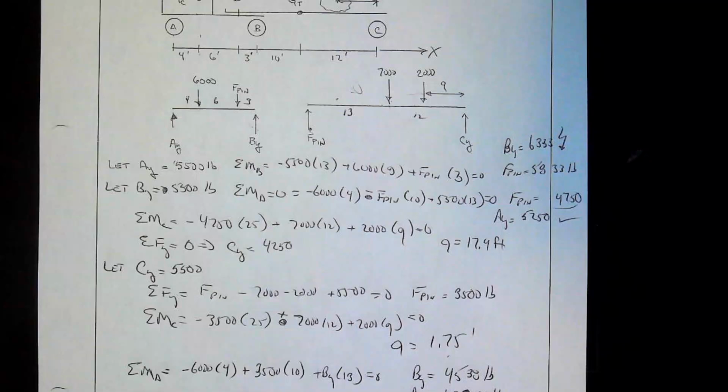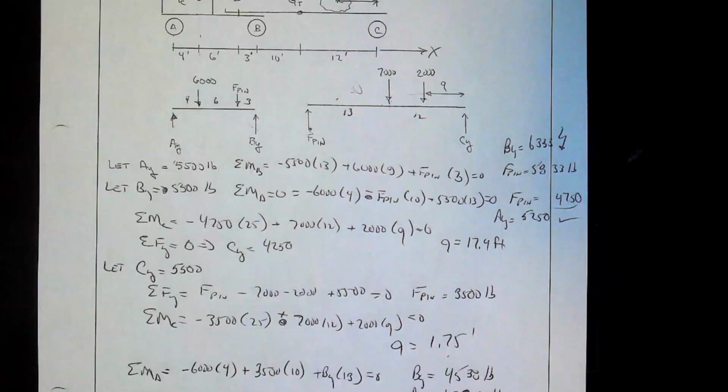All right. So given that F pin is 4,750, we need this to be stable. So we're going to ask the question, where do we have to place the load? Can we place the load in a way so that the sum of the moments is 0? And so we'll make that happen. So summing the moments at C, F pin is 4,750.